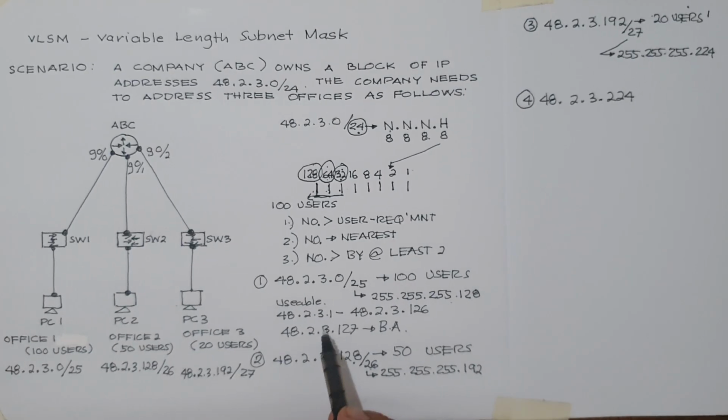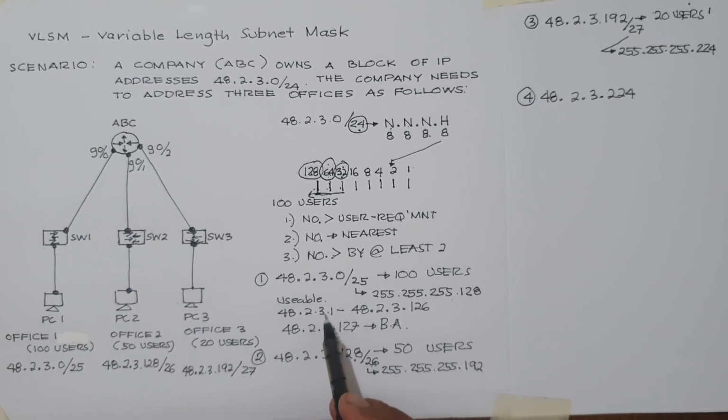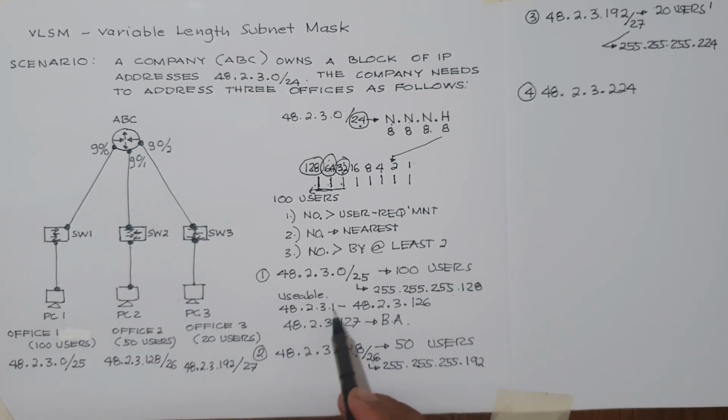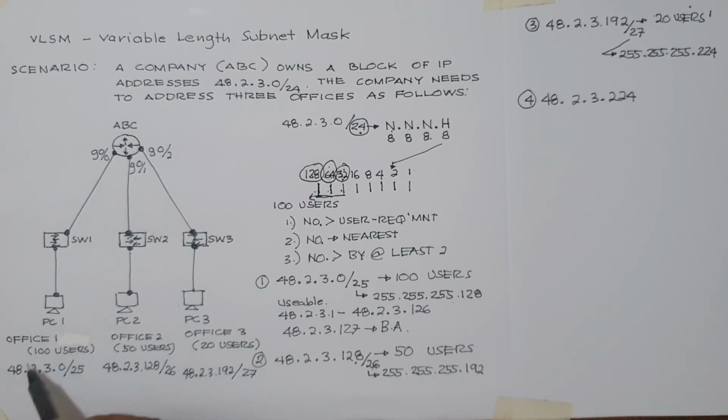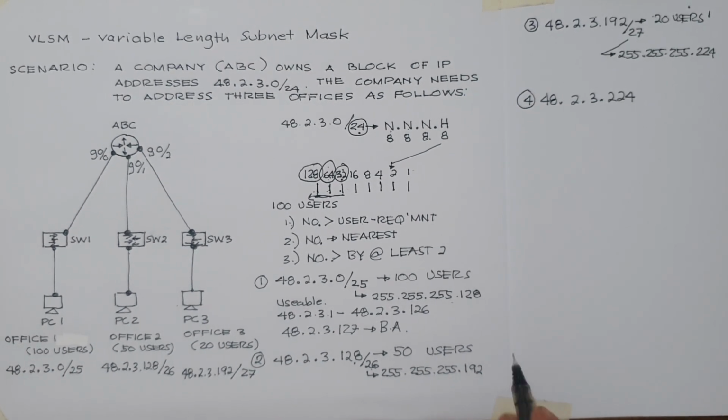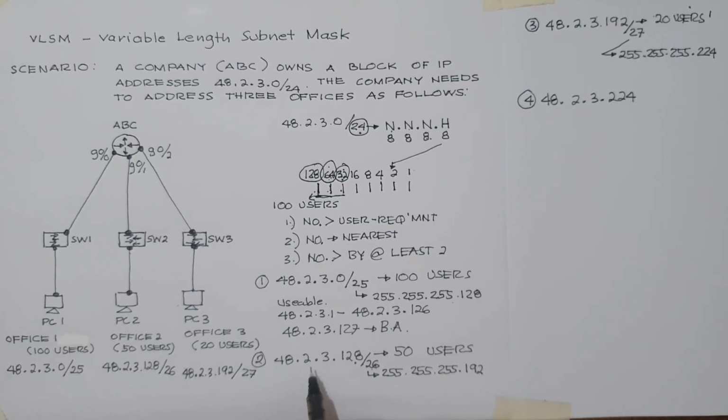Okay, so we can use 3.1 up to 3.126 to support the 100 users.